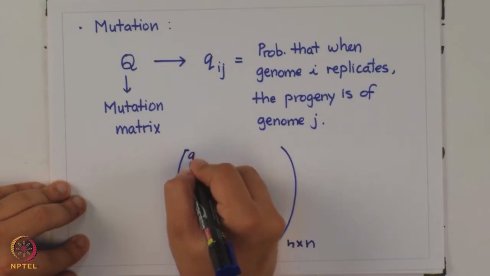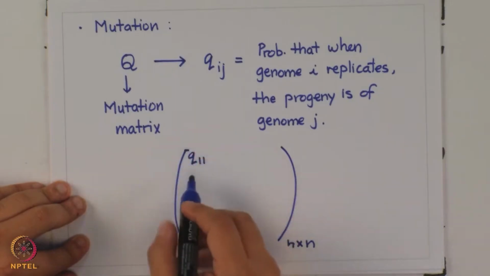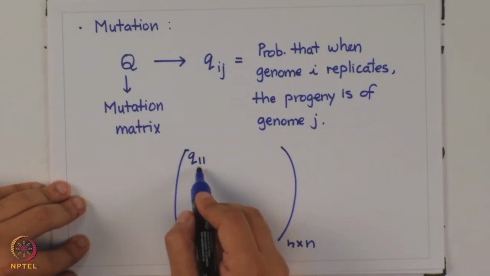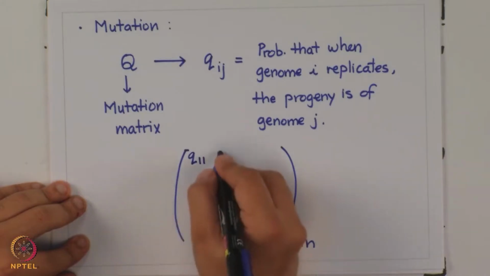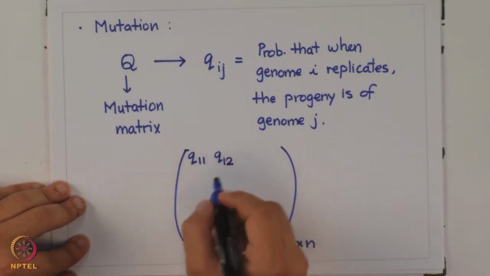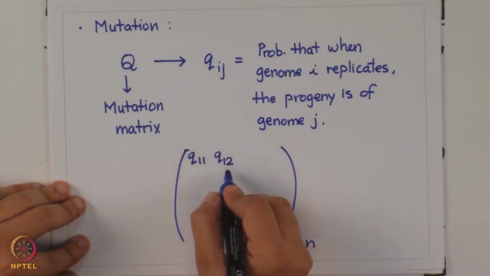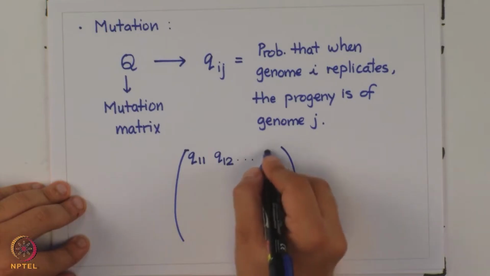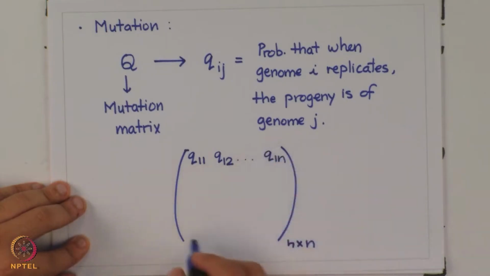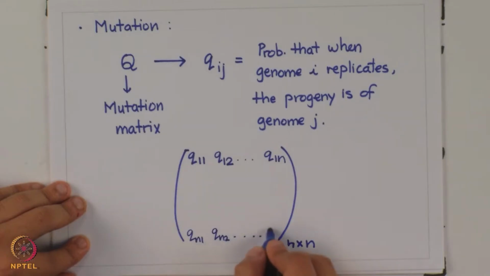I'll start the first row as Q11, which is the probability that genotype 1 replicates and genotype 1 is that of the progeny. Q12 represents that genotype 1 replicates and the progeny is of genotype 2, going all the way up to Q1n. And similarly, Qn1, n replicates, 1 is the progeny, Qn2 going all the way up to Qnn.